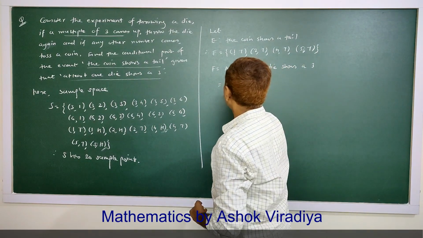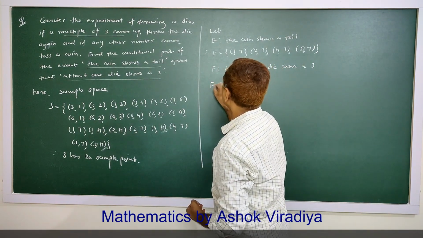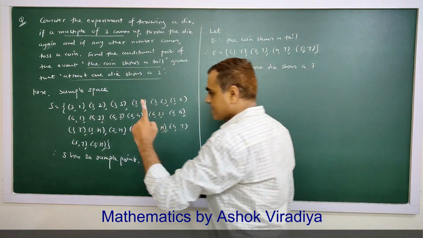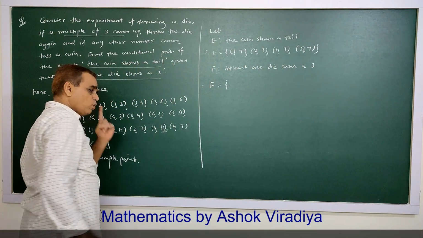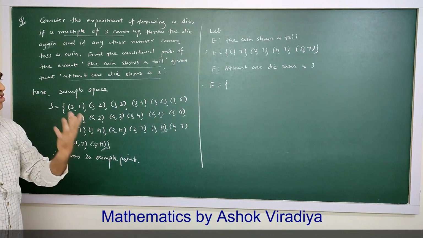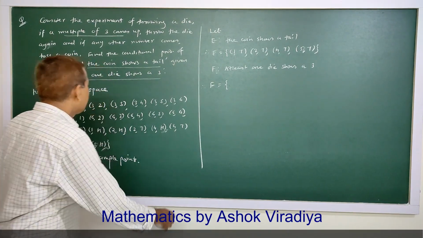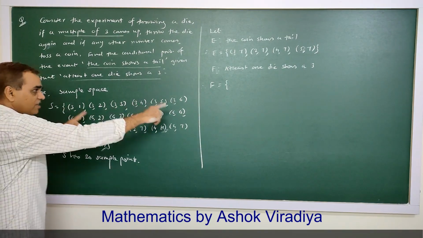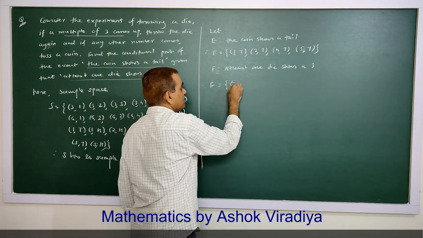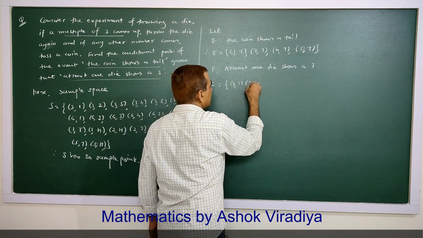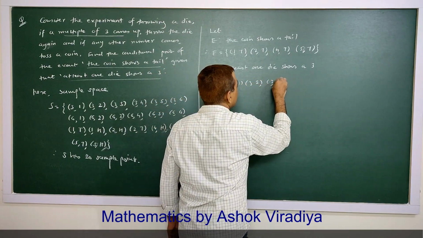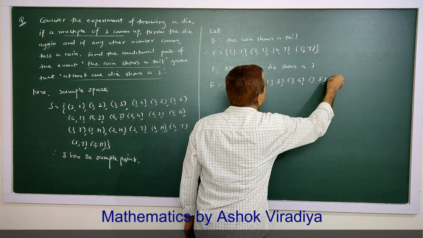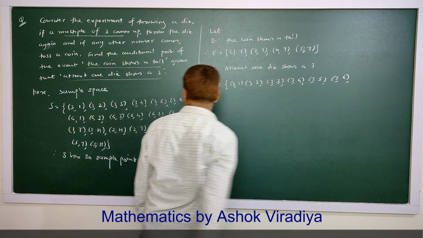That means F contains elements with at least one 3, at least 1 3 means 1 or more than 1 times 3. So we take this full line of 3 1, 3 2, 3 3, 3 4, 3 5, 3 6.